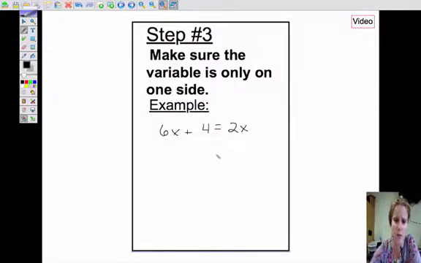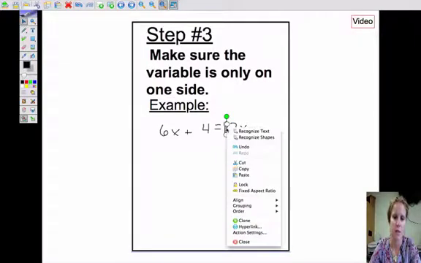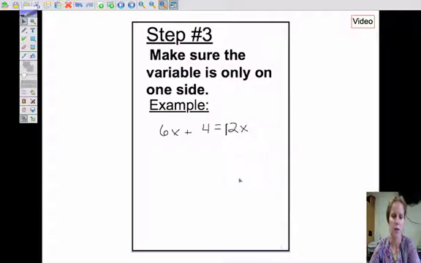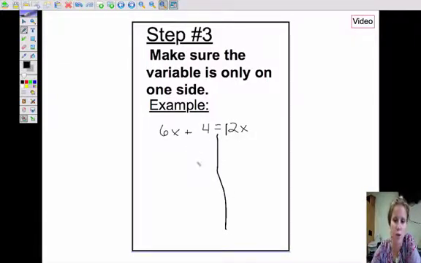We have to make sure the variable is on one side. I'm going to change this in my example to a 12x because it'll be easier in the long run here. So if we have the variable on both sides of the equal sign, I like to draw a line down there to know what I'm dealing with, where my balancing point is. Then I need to make sure it's on one side, because if we're going to get x equals, if we're going to isolate that variable, we can only have one of them.